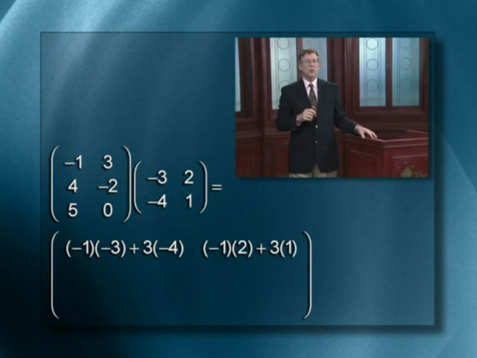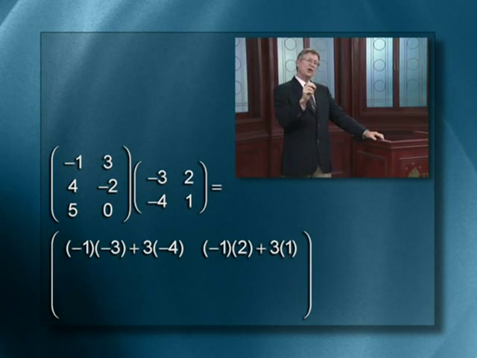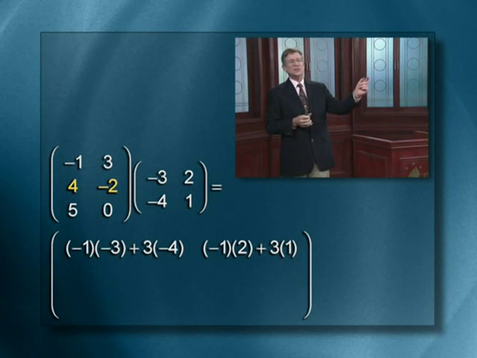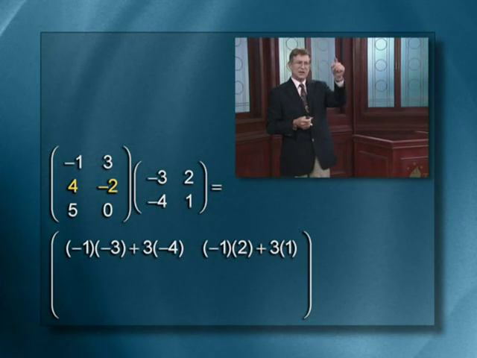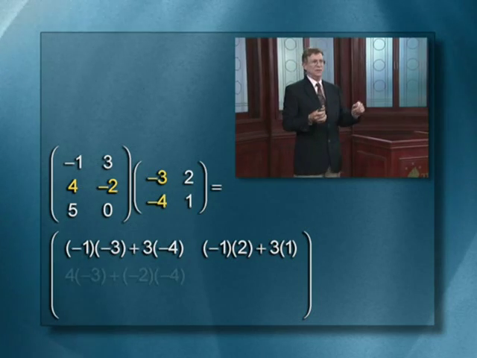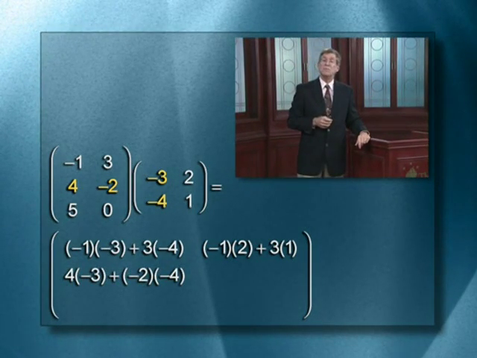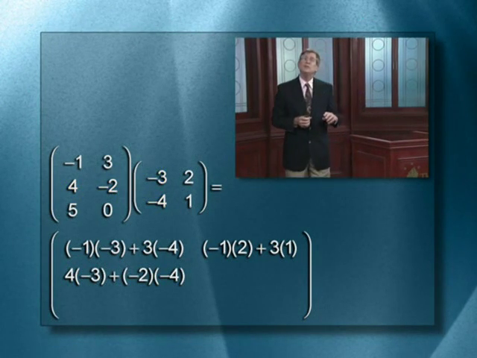Let's try one more. How about second row, first column of the answer? That would be the second row of the left-hand matrix times the first column of the right-hand matrix. 4 times minus 3 plus minus 2 times minus 4. And you continue in this way.